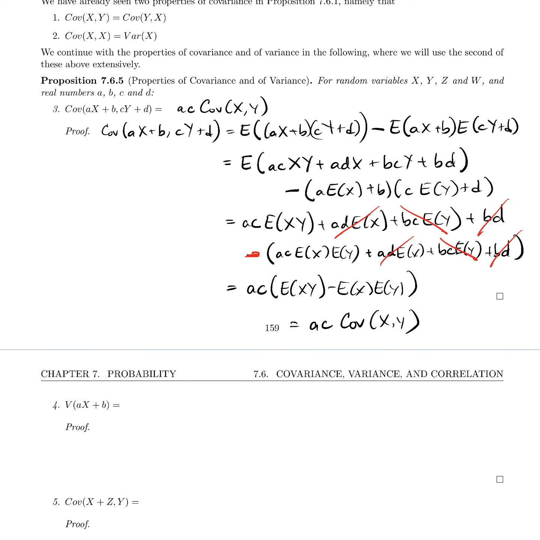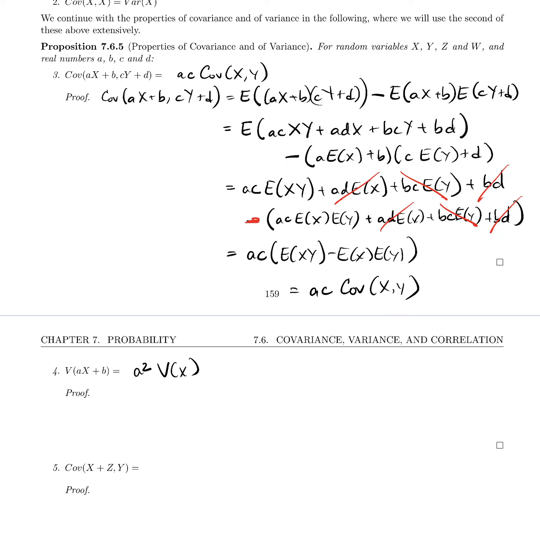Now we can apply that on the variance in property 4, because we know that the variance is the covariance of a variable with itself. And so this will end up giving us that the variance of aX plus b is a squared times the variance of X. The proof is exactly as I just said. We're going to use the fact that the variance is the covariance of aX plus b with itself.